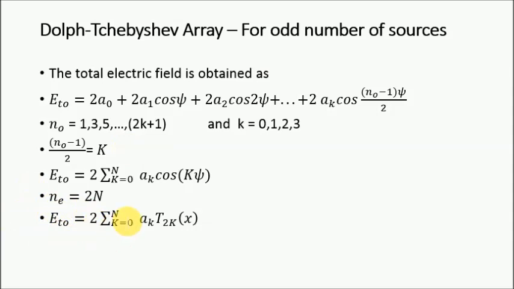So here the radiation pattern will be 2 times the summation from k equal to 0 to n of ak T 2k, because I am replacing this with 2kx. Why 2kx? Because we have to arrange this with psi by 2. If I make it psi by 2, we have to multiply by 2 in the numerator and in the denominator, so it becomes 2k.